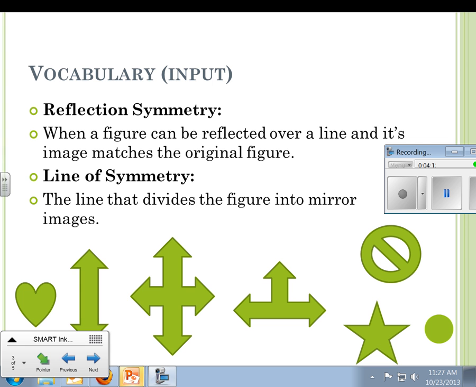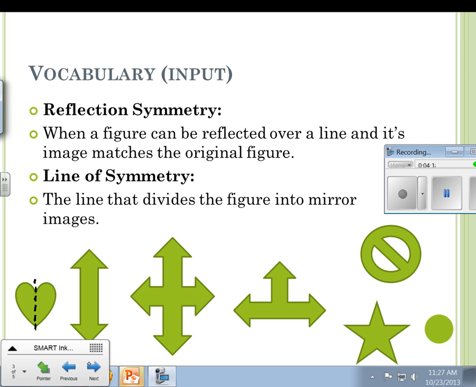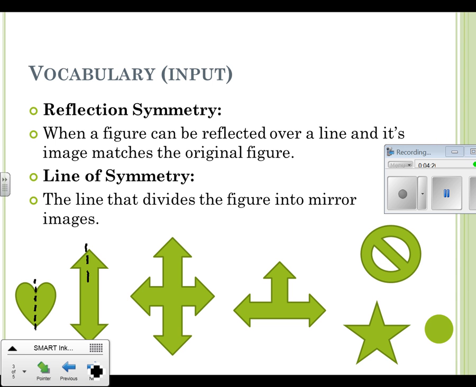We have a line of symmetry that's going vertically through the middle. This arrow here would have a line of symmetry here, along also horizontally would be a line of symmetry. And this double arrow vertically and horizontally. And just the arrow with the one arrow going up has one line of symmetry.